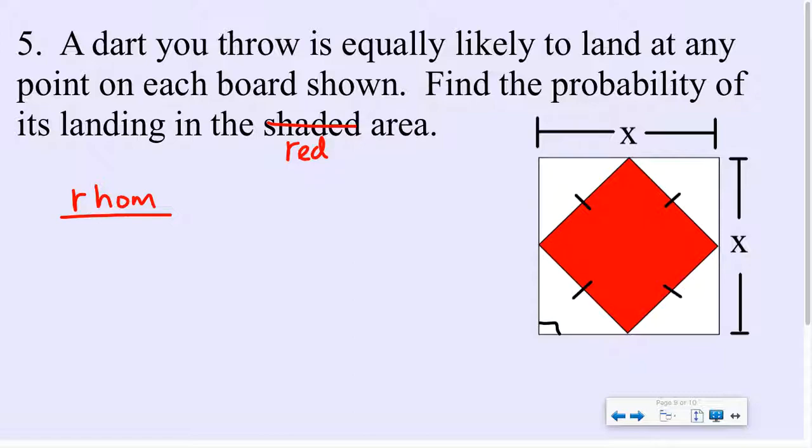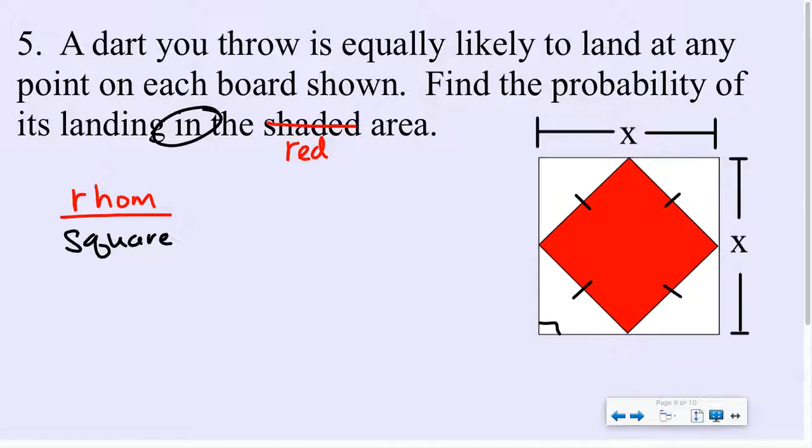So anywhere in the dartboard is referring to the outside shape. That guy's a square because it's x by x, and then there's this little right angle over here, so I know that's a square. Okay, if we want it to land inside, does in refer to perimeter or area? Area, right? So I need to figure out what the area of the rhombus is.